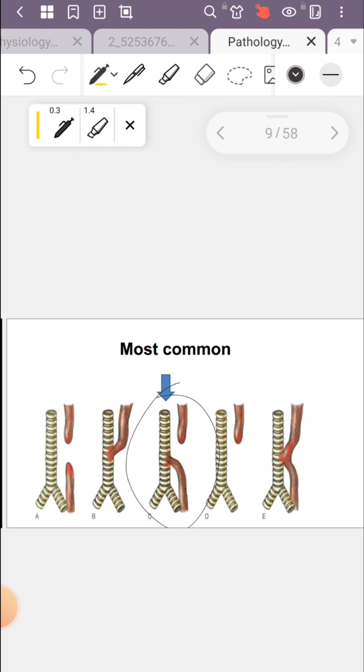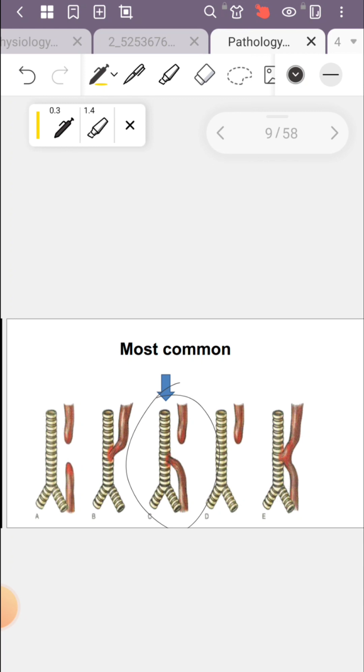As you know, amniotic fluid comes from the kidneys, from the urinary tract of the baby, and it gets ingested through the gastrointestinal tract during fetal life. So when there is obstruction, there will be no more amniotic fluid ingested by the gastrointestinal tract, and there will be accumulation of excess amniotic fluid around the baby.